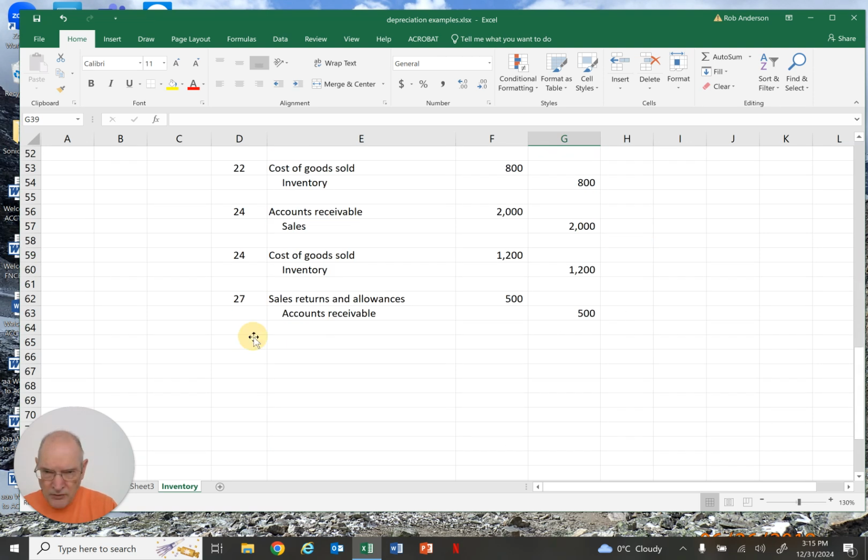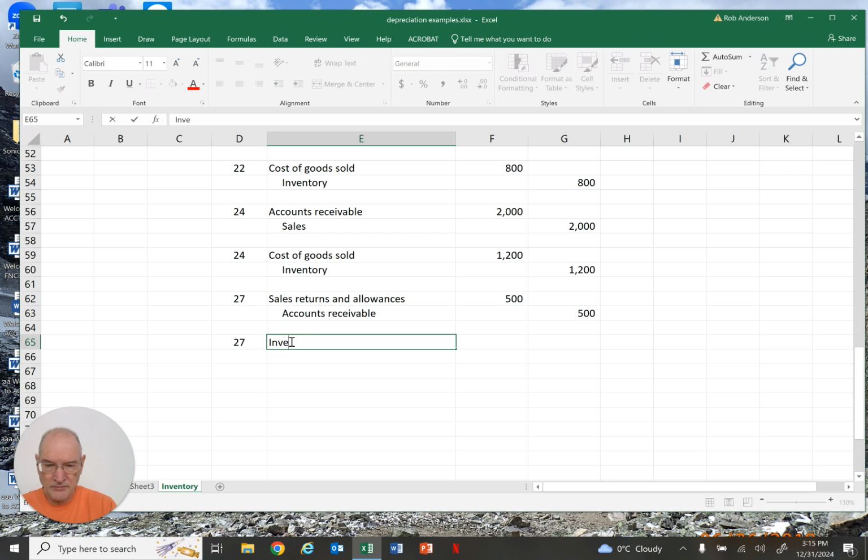So we need to do that also on the 27th. And just like this entry here, debiting cost of goods sold, crediting inventory, we're going to reverse it. We're just going to put it back into inventory right there, and we're going to credit cost of goods sold.